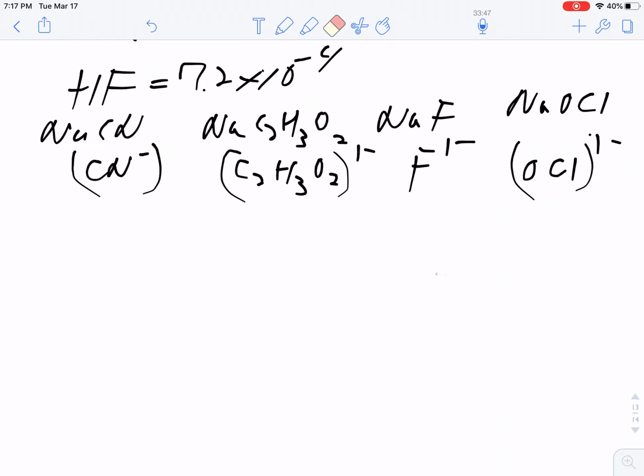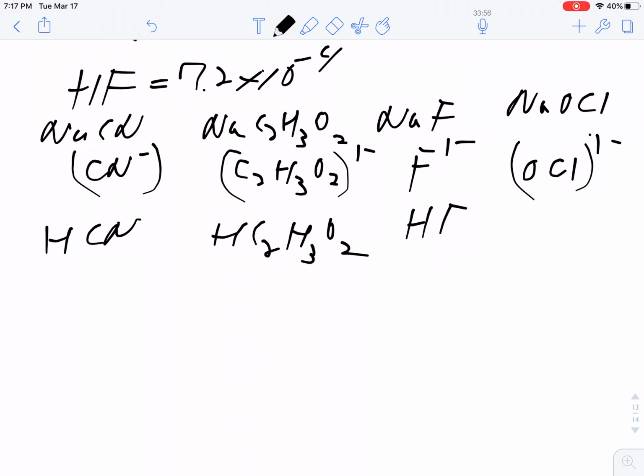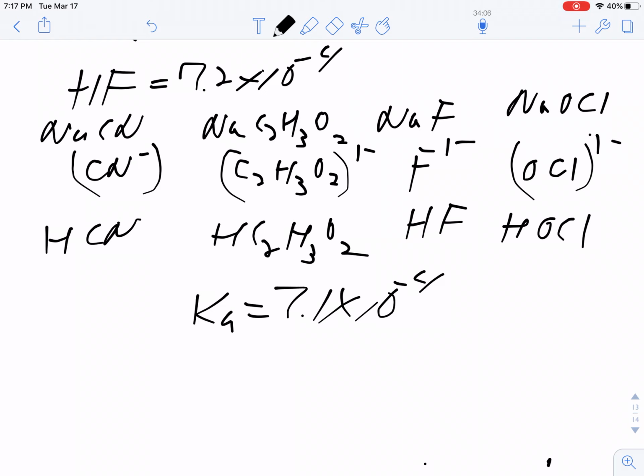Those are all the bases. The conjugate acids are this. So we found the Ka to be 7.1 times 10 to the negative fourth, which means that's the closest to that one. And that's the answer to 123. All right, one to go.